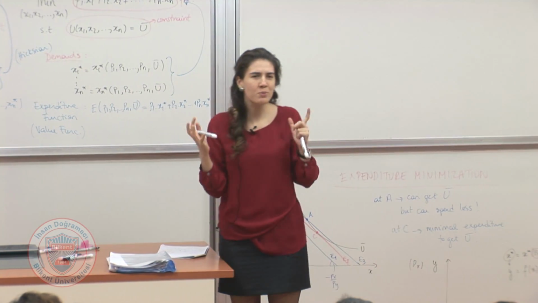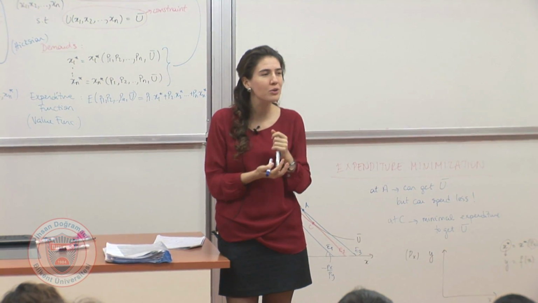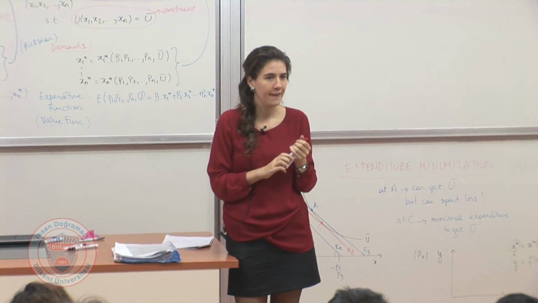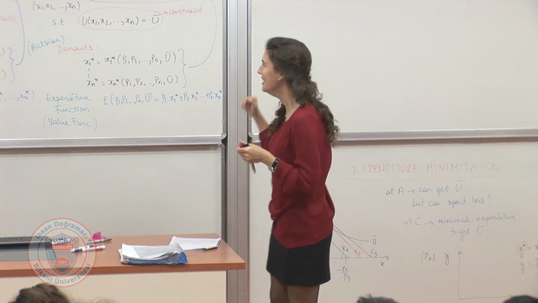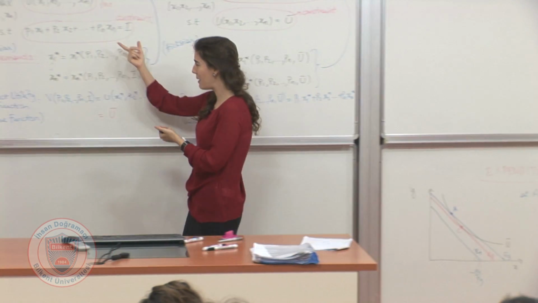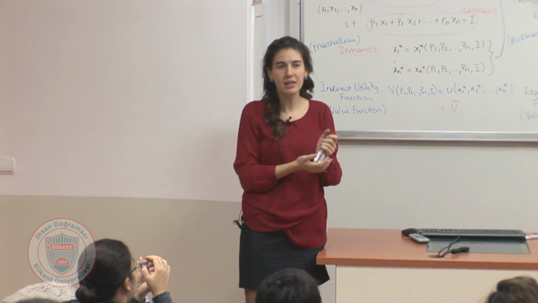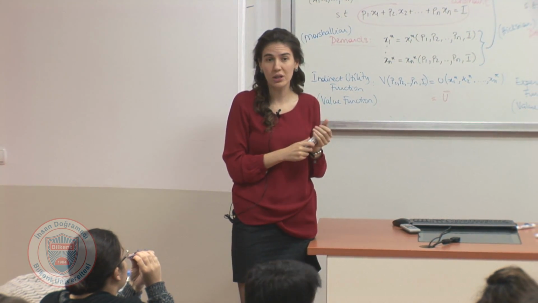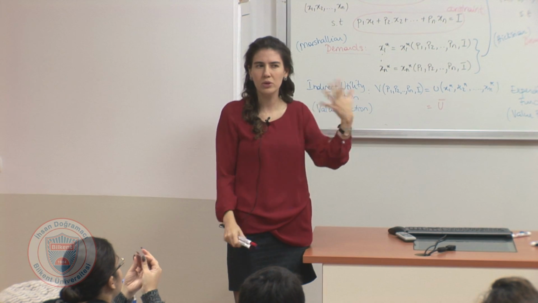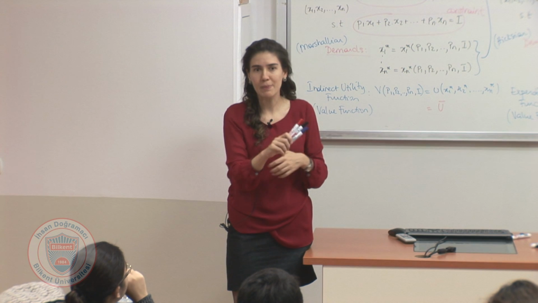Do we observe utility in real life? No, right? That's our objective function. We don't observe these utility functions, but do we observe expenditures in real life? We don't observe the utility levels of people, but we observe expenditures.